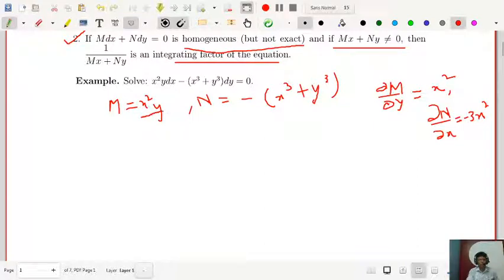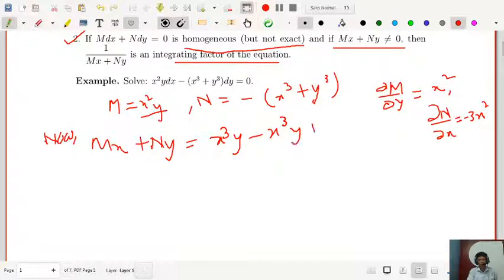But it is homogeneous. You look at that by identification: the power is 3 altogether, all the degrees are equal. So this is homogeneous, and you check Mx plus Ny. Mx will be x cube y, and plus Ny, so minus x cube y minus y to the power 4.